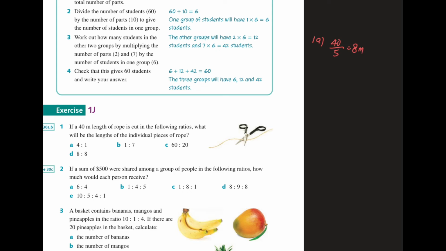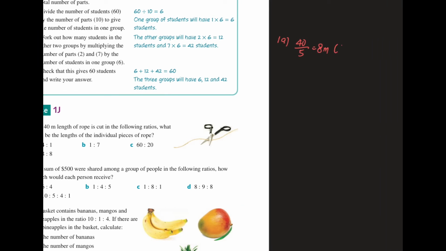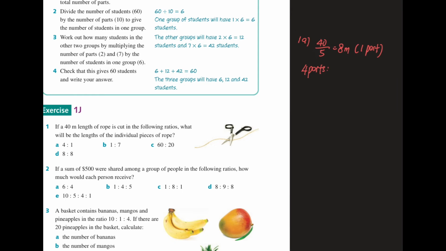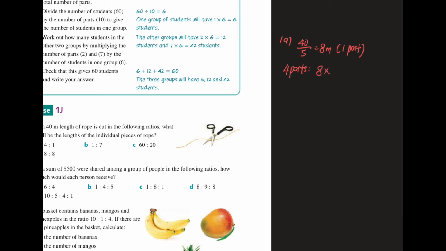So 8 meter represent 1 part. Now we have 4 parts here. So 4 parts is 8 times 4 equal to 32 meter.